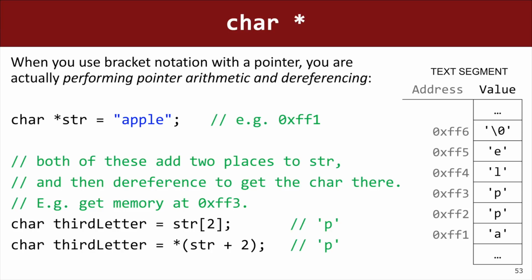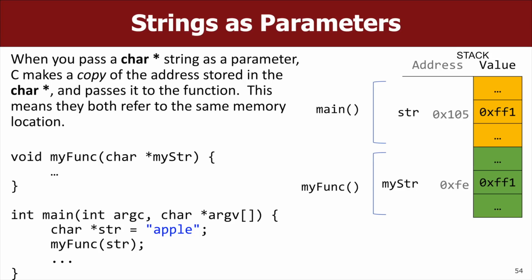Next, I want to talk about how strings are passed as parameters. When you pass a char star as a parameter, it turns out that C makes a copy of the address in that pointer and passes it to the function. This means that they both refer to the same memory location. So for instance, if I have char star str in main equal to apple, and I pass that char star as a parameter, it passes the same address that is stored in str.